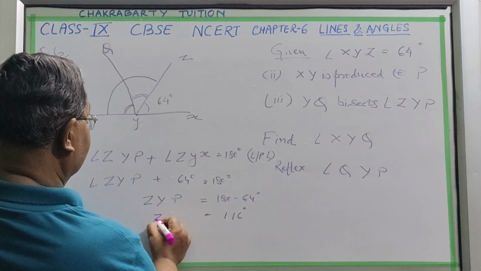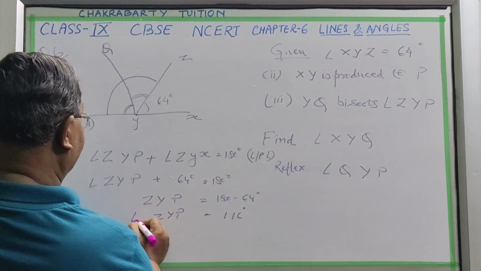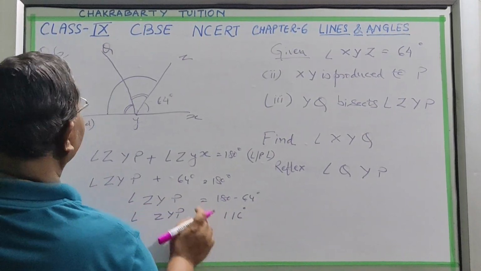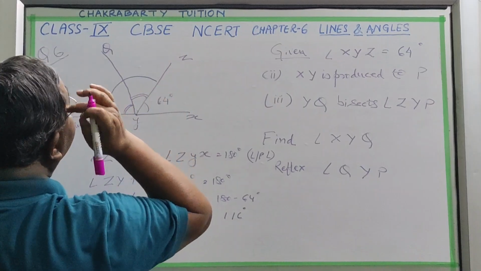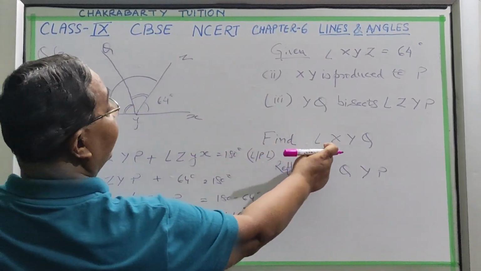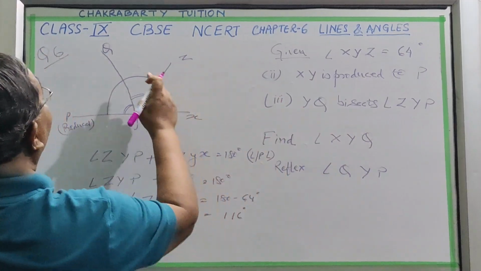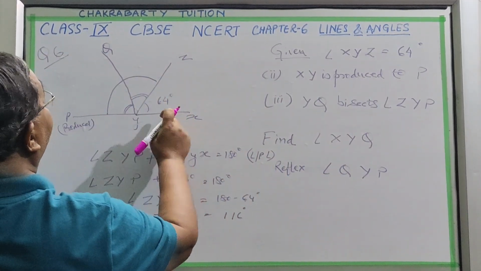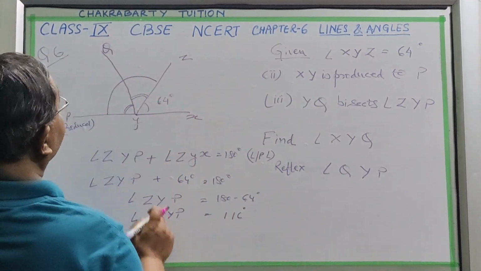This ZYP angle is being bisected, so we have to find angle XYQ, which means half.